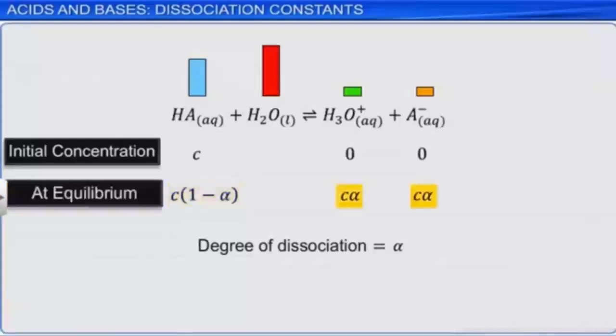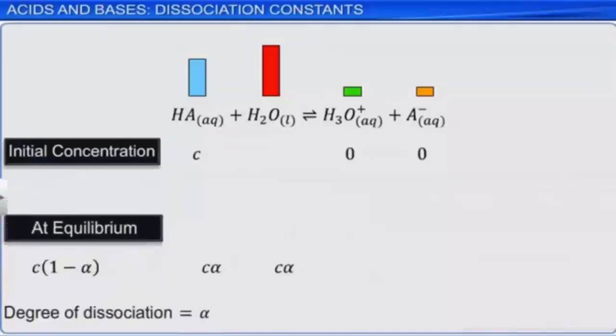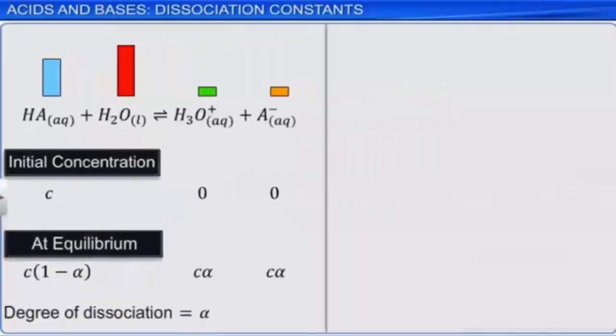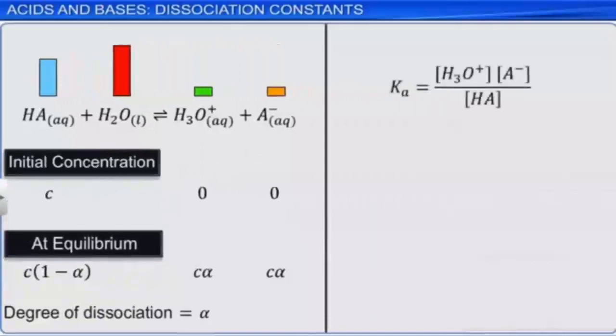The dissociation constant Ka for this dissociation equilibrium can be written as Ka equals the product of concentrations of H3O+ and A- ions divided by the concentration of HA.